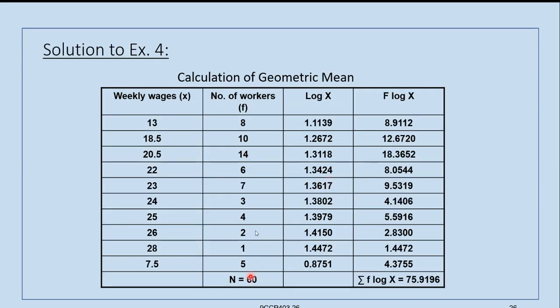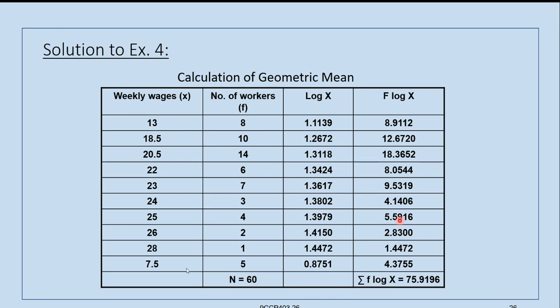Oh, sorry, 60. So sigma f log x divided by 60. Sigma f log x is 75.9196 divided by 60. So this is the method of calculating the geometric mean.